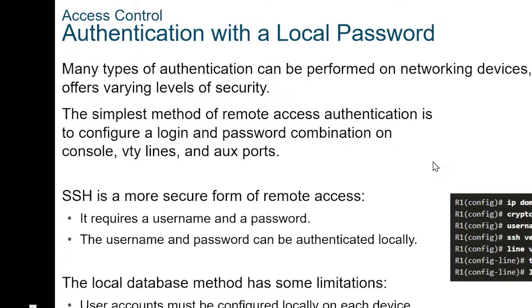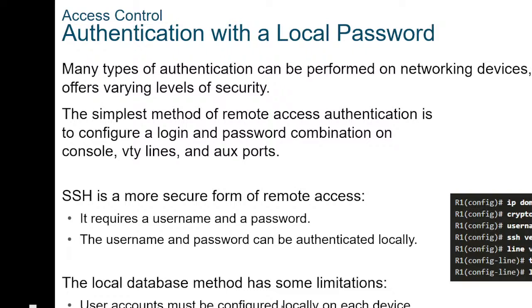But one of the drawbacks on this type of access control is that it doesn't allow me any freedom in where I actually obtain the information or where the credentials are stored. They're stored on the switch. So we don't necessarily want the credentials to be stored on each switch, right?